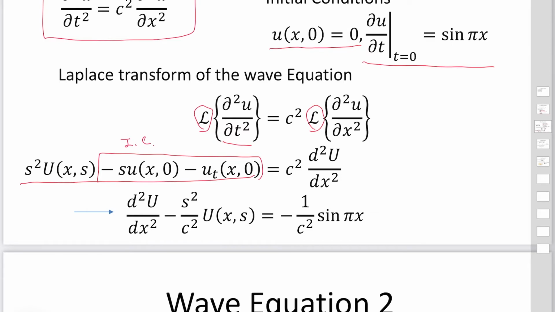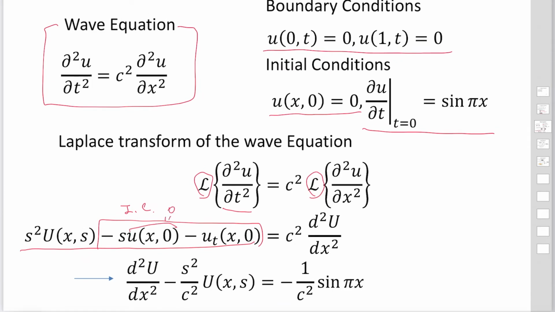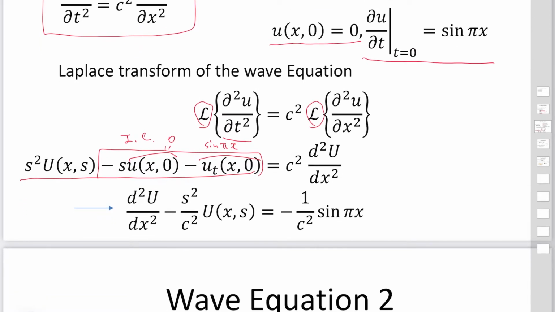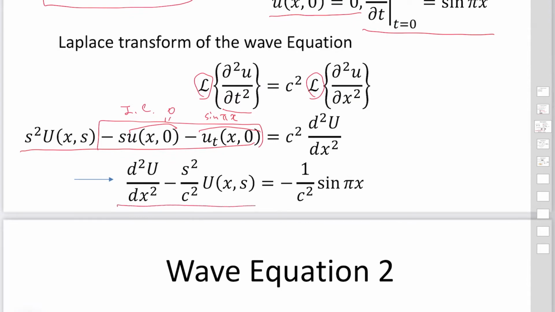If you substitute, u is 0, and this is sine pi x. The right hand side is c squared times the second derivative of the Laplace transform with respect to x. Then we rearrange this equation, and it becomes a second order ordinary differential equation for capital U.